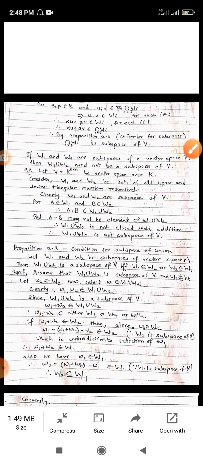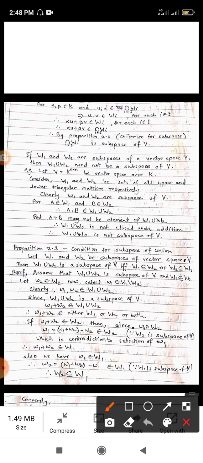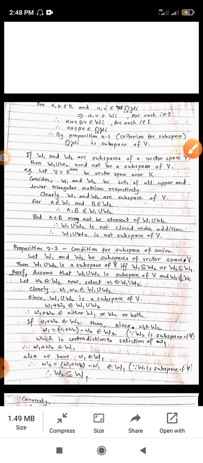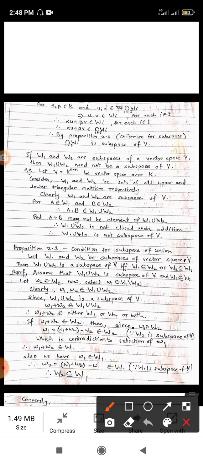So w1 and w2 belong to W1 union W2, since w1 belongs to W1 and w2 belongs to W2. So these two elements are members of W1 union W2, and since the union is a subspace, it is closed under addition, therefore w1 plus w2 belongs to W1 union W2.